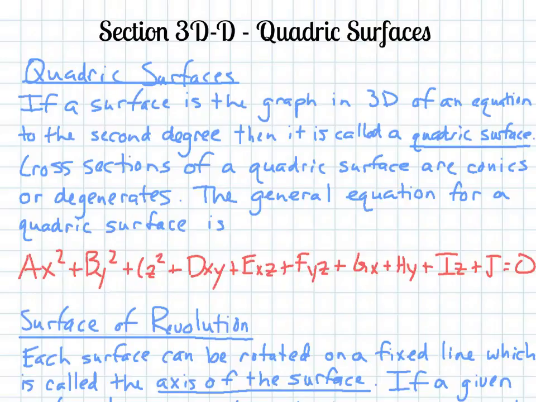Now, the difference between a quadric surface and a cylinder is that you're going to have all three of your variables in your equation. So you're not missing something that just becomes whatever it wants to be, which makes an infinite plane, basically. Here you're going to have all three variables, so we're going to get different traces or cross-sections in our planes that give us some interesting pictures.